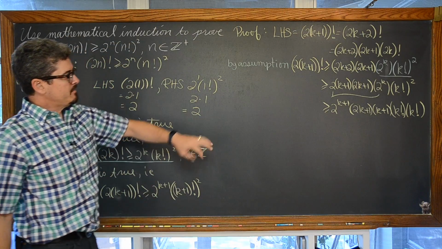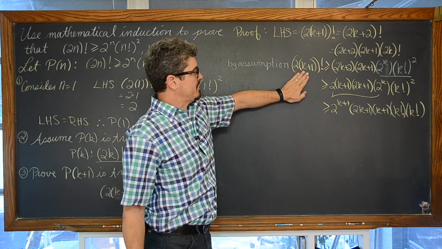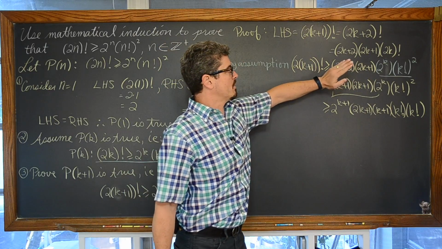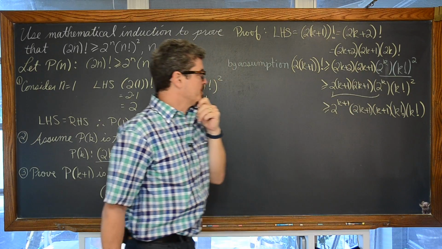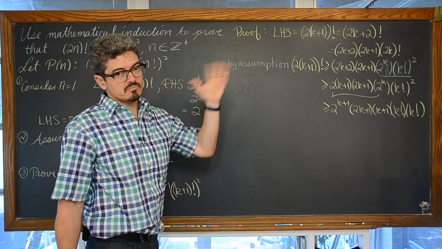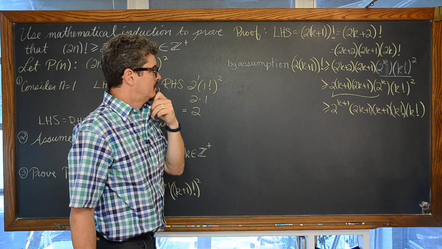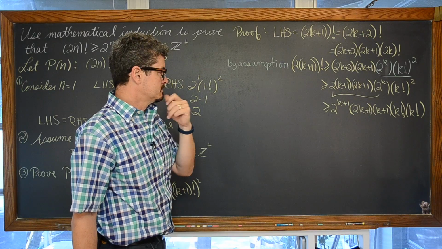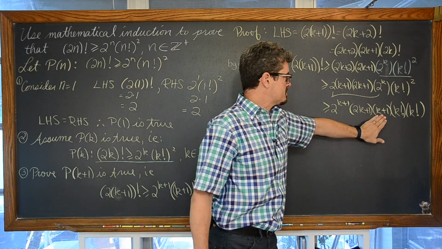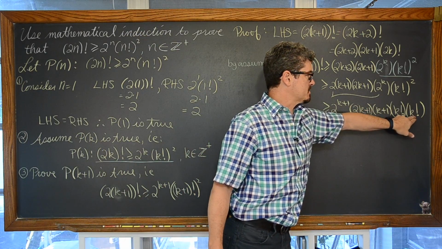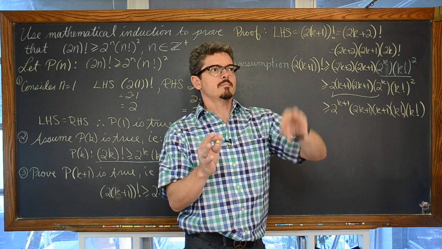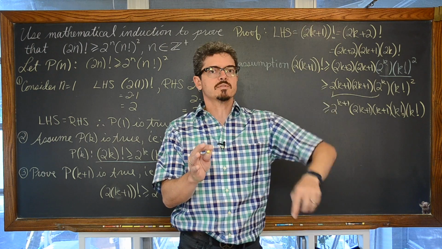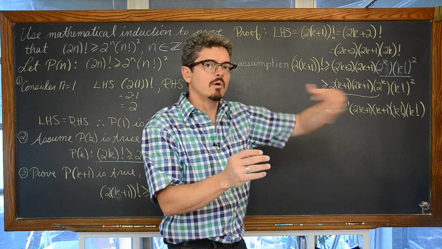Now remember, we're trying to make sure that this 2 times (k+1) factorial is equal to or greater than whatever is on the rest of this proof, kind of the right-hand side. And (k+1) times k factorial is (k+1) times k times (k-1) times (k-2) all the way down to 1.